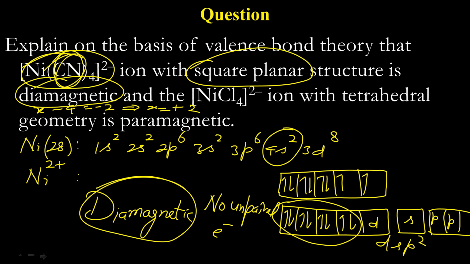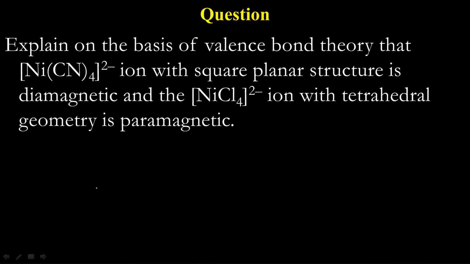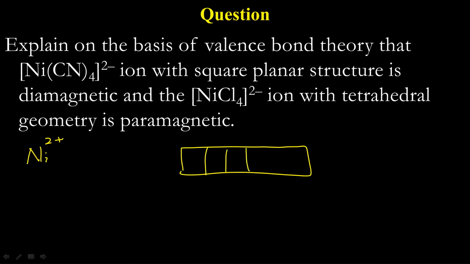Now NiCl4. In NiCl4 also nickel is in +2 oxidation state. Oxidation state is same. But in this case, chlorine is a weak field ligand. So nickel configuration will still be the same. It will be d8. But it will remain like this. There won't be any pairing.